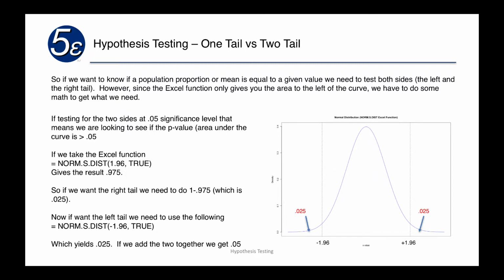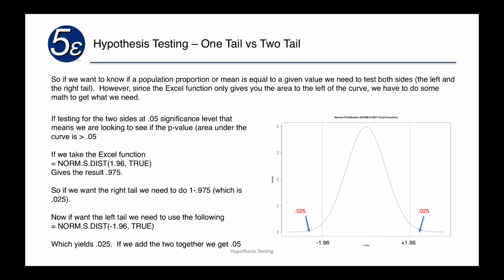And so if we're looking at the right side and we're looking for the right tail, its actual area would be 0.975. The function will be from that point all the way to the left, which would constitute 97.5% of the area of the curve. So if we really want the tail, what we'll need to do is 1 minus 0.975, which is 0.025, to actually get the tail area that we're looking for.